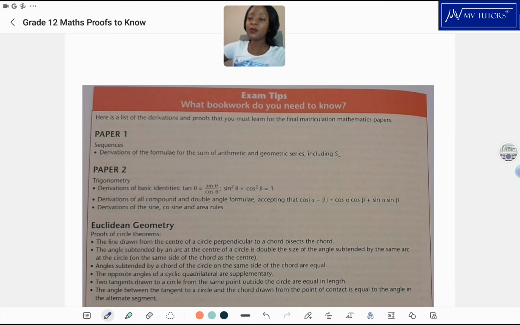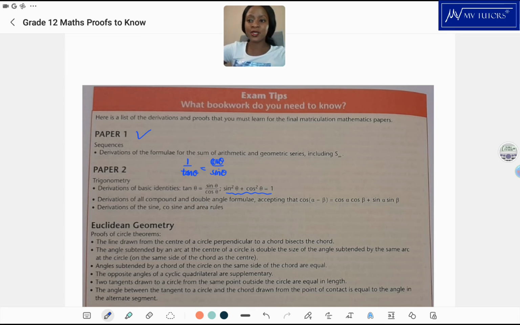What I would advise is you should know how to rewrite them both. So for example, for tan theta, you could have 1 over tan theta, and you should know that that would be equal to cos theta over sine theta.